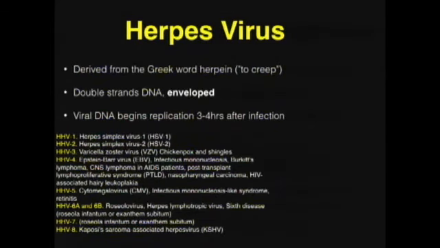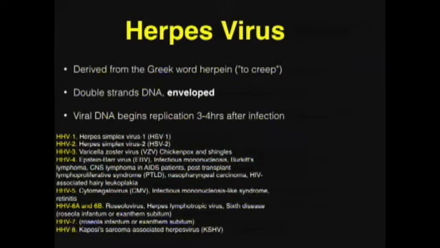And the word herpes derived from a Greek word which means to creep. The first herpes virus was discovered in 1961, and they noticed that the herpes virus travels across the nerves, and that's why they gave it the name herpes, or to creep.